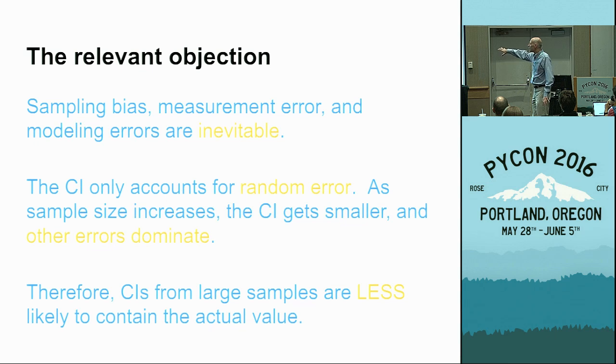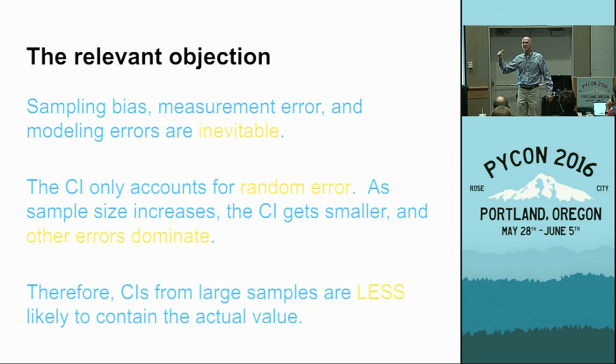And confidence interval, as I've said a couple of times, only accounts for random error. As your sample size gets really, really big, your confidence interval gets smaller and smaller and smaller, and that means that it is more and more likely that those other sources of error are dominant.